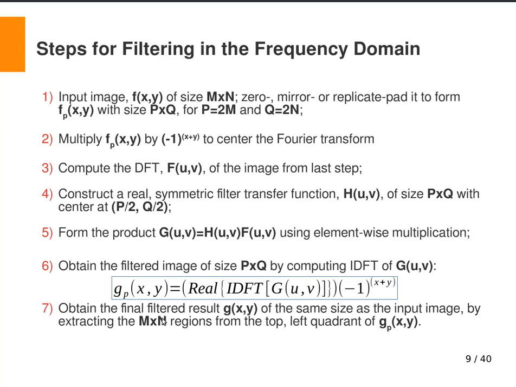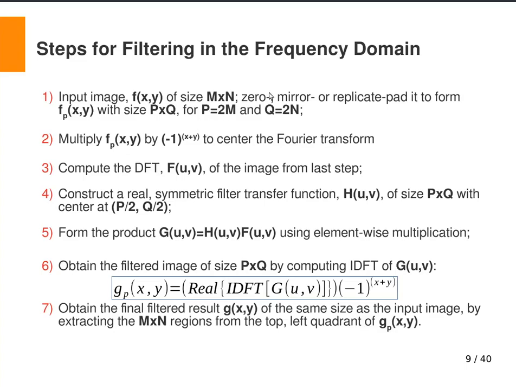So now, based on this, we can have a 7-step procedure for filtering an image in the frequency domain. The first step is to have the input image f of x,y with size m by n, and we extend its size either by zero padding, mirror padding, or replicate padding to make sure there is not going to be any overlap in the frequency domain representation.